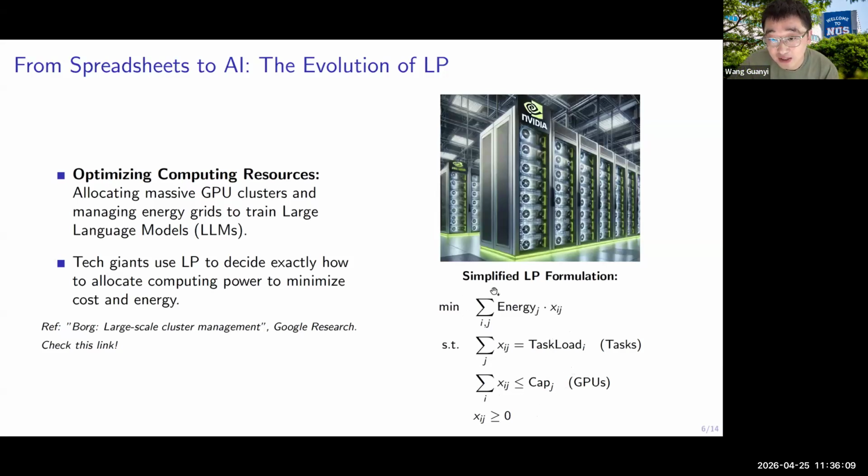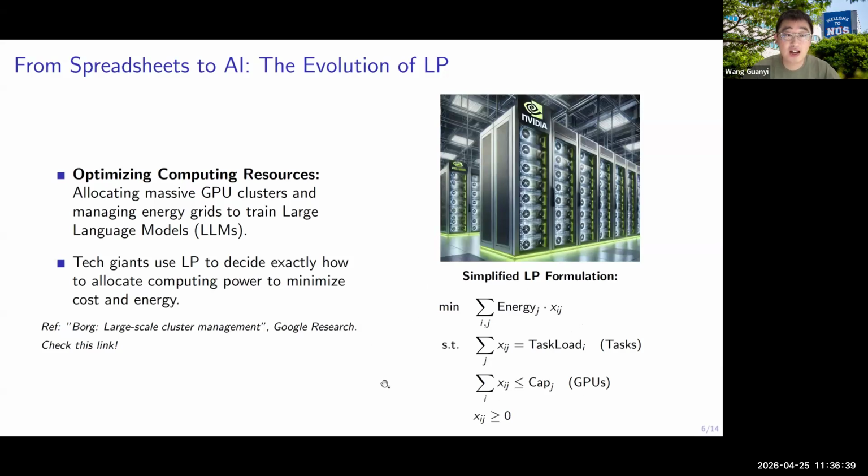And finally, we should minimize the total energy, or the total power or electricity. A simplified idea is that the energy we devote is proportional to the tasks upon the GPU they are sent to.